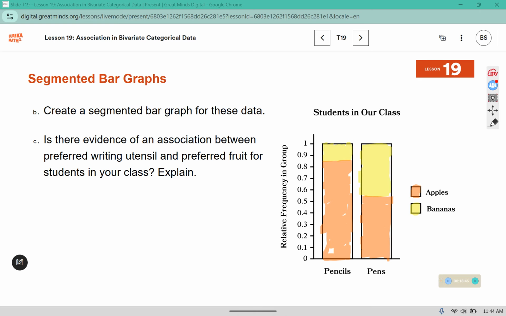The heights of the segments are different, which means that the students who prefer bananas, for example, are more likely to use pens because there's more bananas in the pen bar. Or if we know that they like pencils, we would say they probably also like apples because apples takes up the majority of the pencils bar.